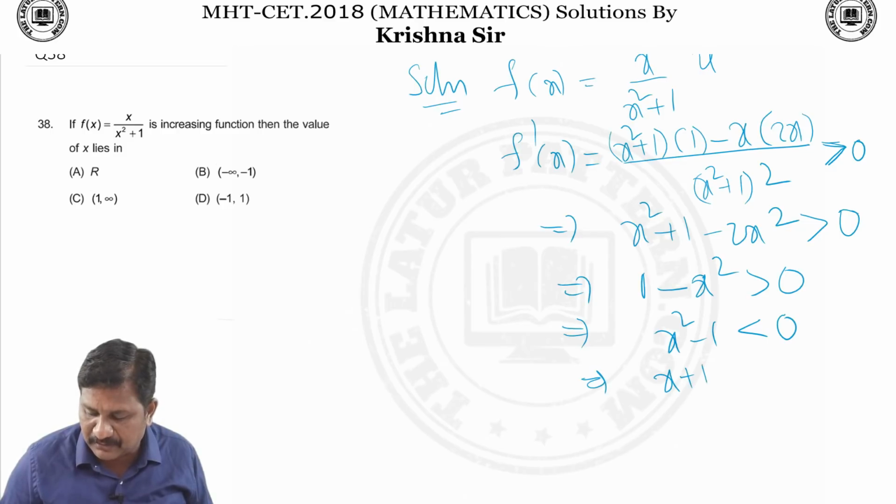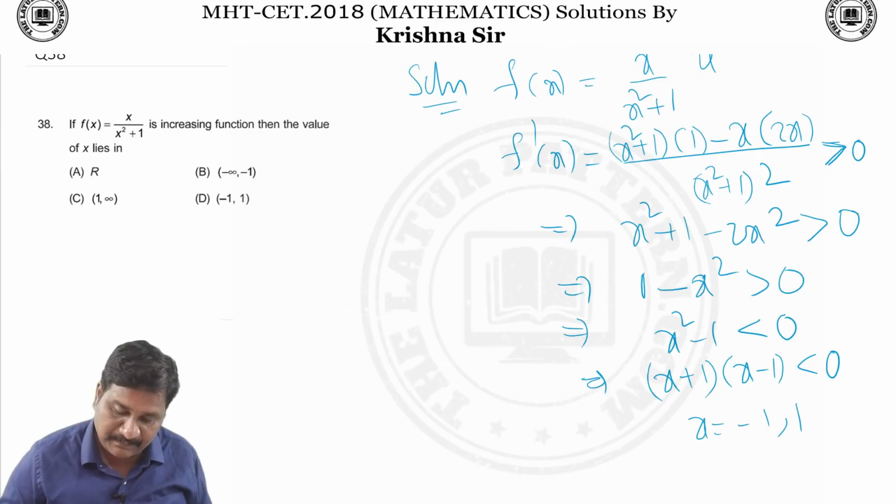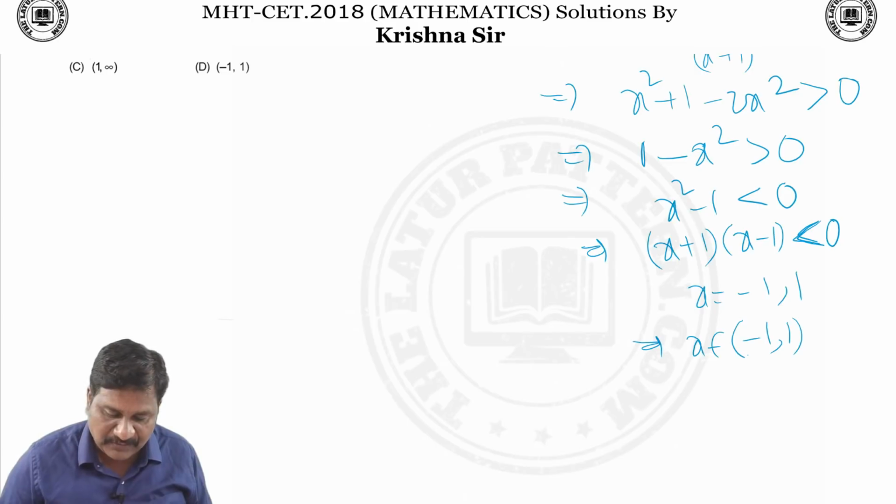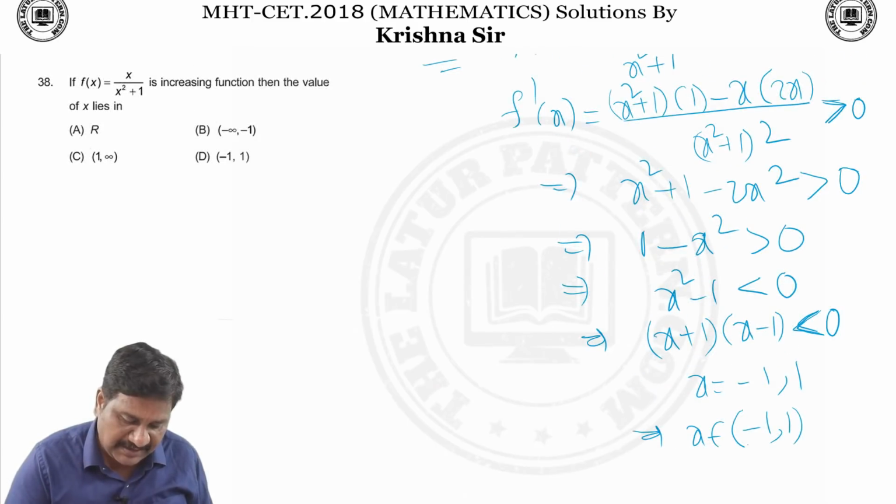The factors are x plus 1 into x minus 1 less than 0. The roots are minus 1 and plus 1. So the condition is less than 0 when our x value lies between minus 1 and 1. So our option is D.